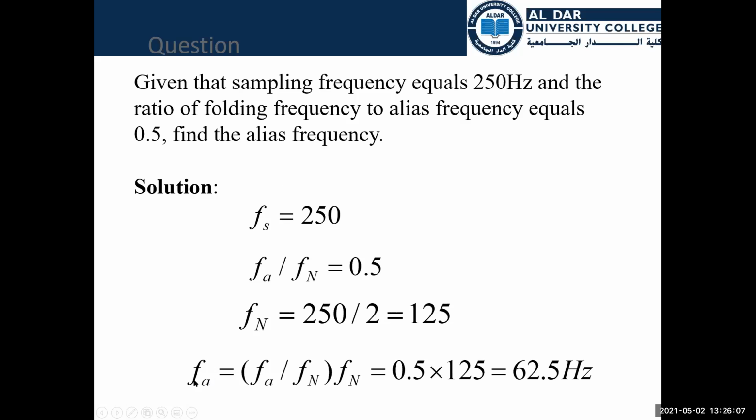Fa equals Fa over Fn multiplied by Fn, which is 0.5 multiplied by 125. This will create a 62 hertz alias frequency.